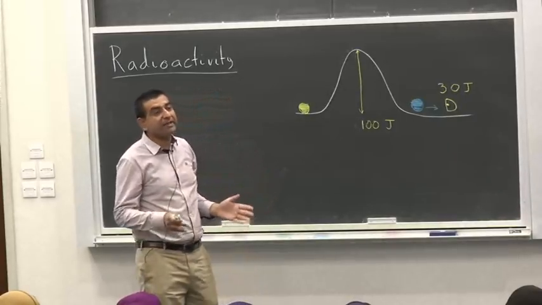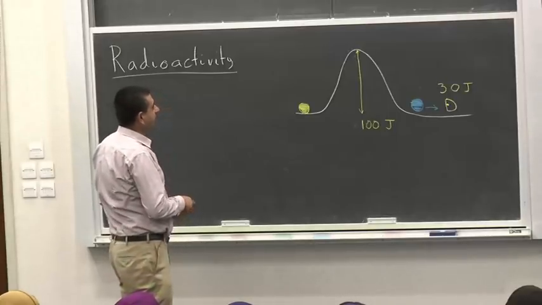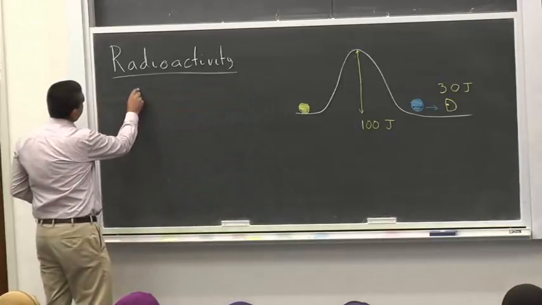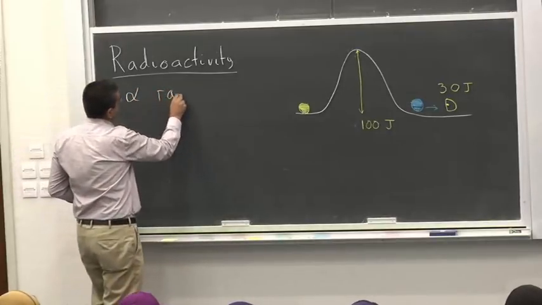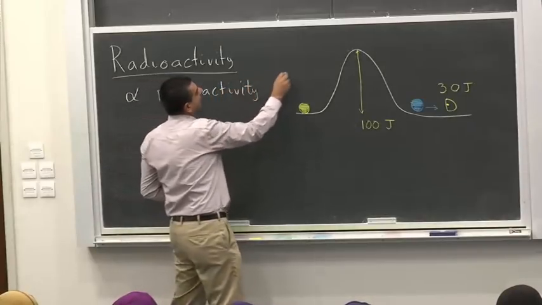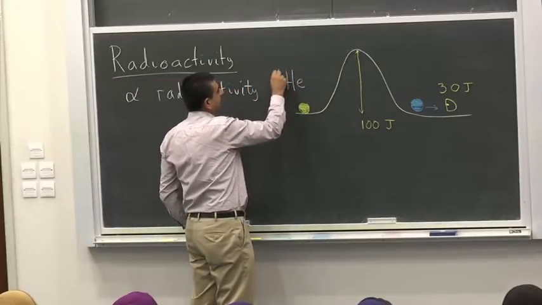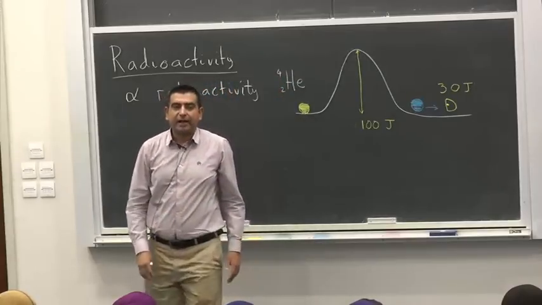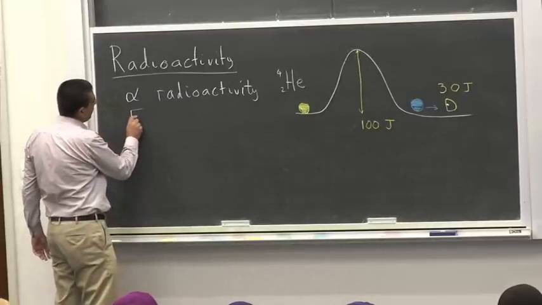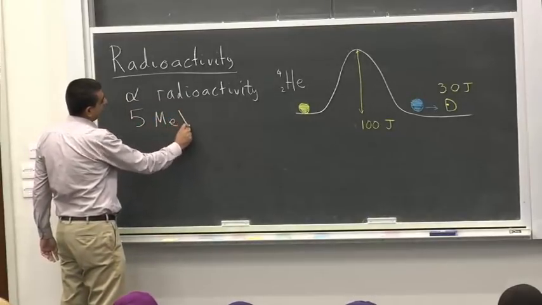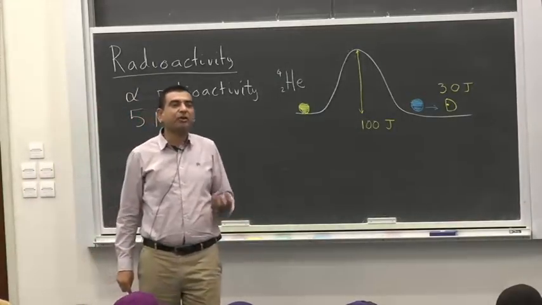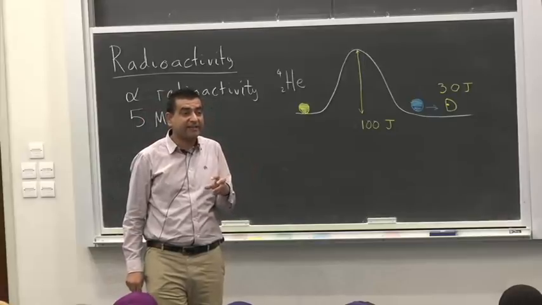Now this is what's happening in radioactivity. In radioactivity, for example, let's talk about alpha radioactivity. An alpha particle, which is simply a helium nucleus, has some energy. Typical energies of alpha particles are around 5 mega electron volts. But these energies are much smaller than the energies of these particles inside the nucleus.